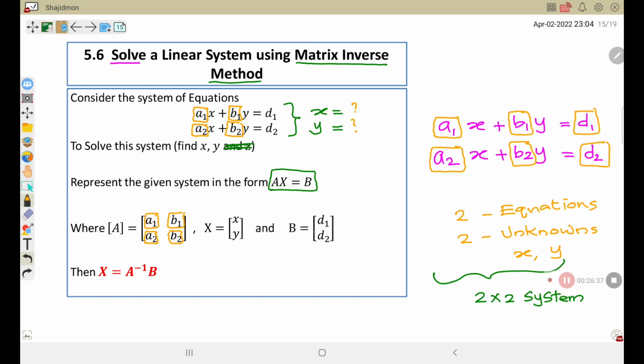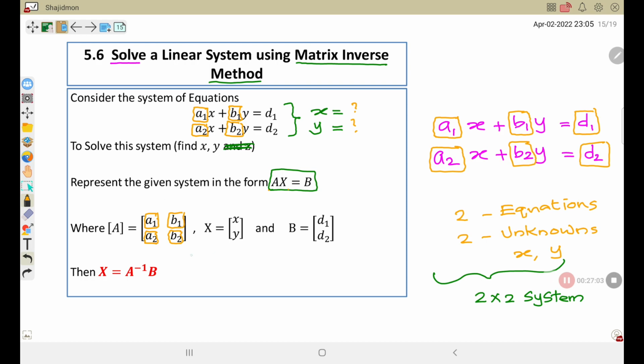That column matrix is B. So our entire 2 by 2 system we can represent by the matrix form Ax equal to B. That means when we multiply A matrix with X matrix equal to B, we get the same system: A1x plus B1y equal to D1, A2x plus B2y equal to D2.